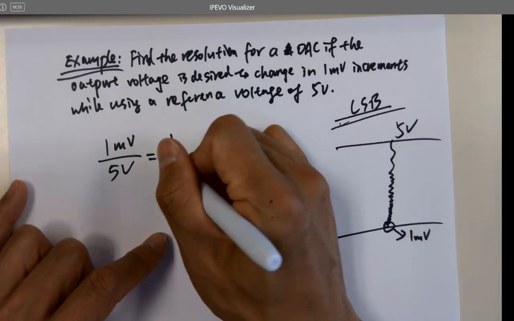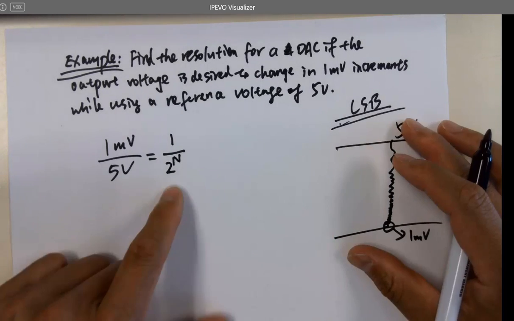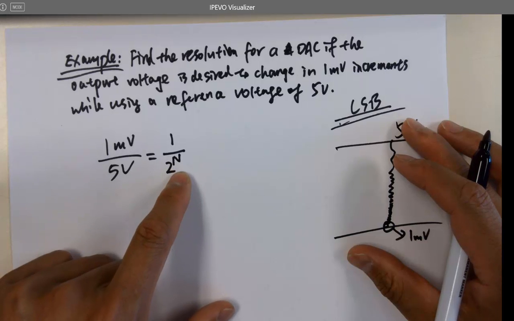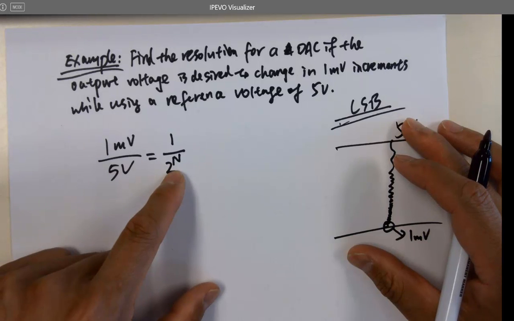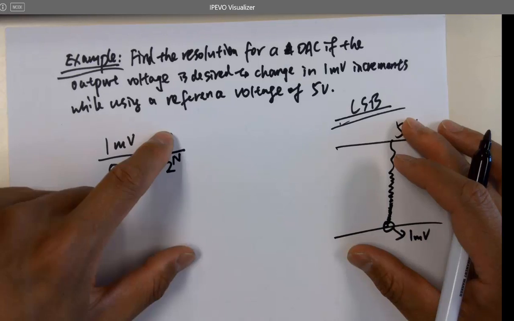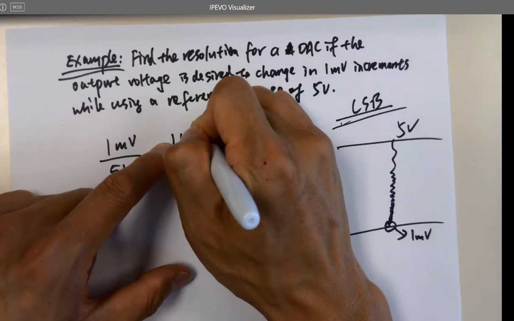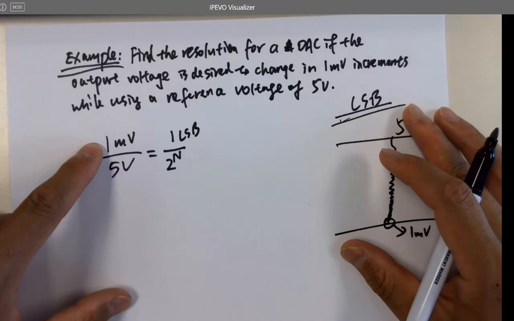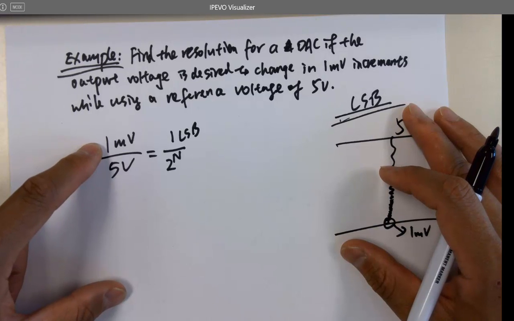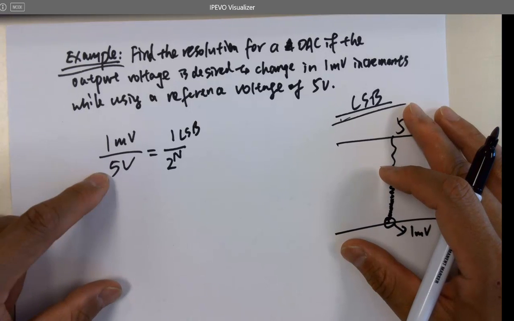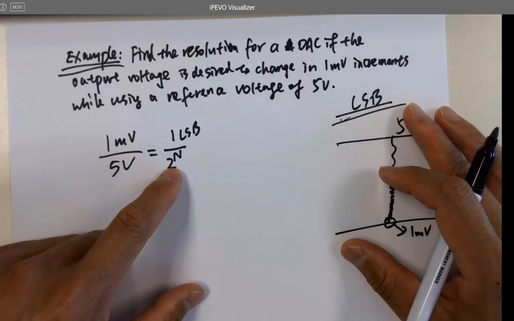N bits, right? 2 to the n. That's the number of steps in there. So 1 over that, because 1 is 1 LSB, and 1 millivolt is the voltage version of 1 LSB. And the full range is the number of steps you have.